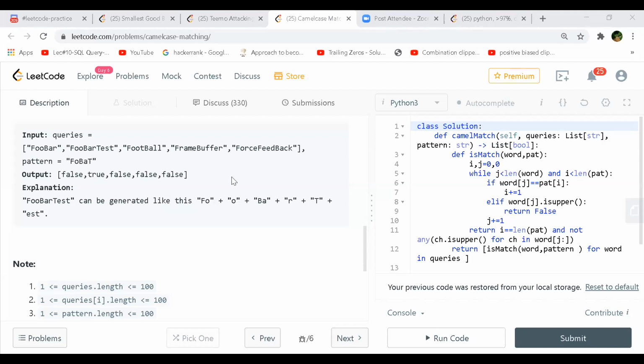Yeah, go ahead. So I was thinking of a recursive approach where the base case would be that the query string is empty. If the query string is empty, then we'll return true.